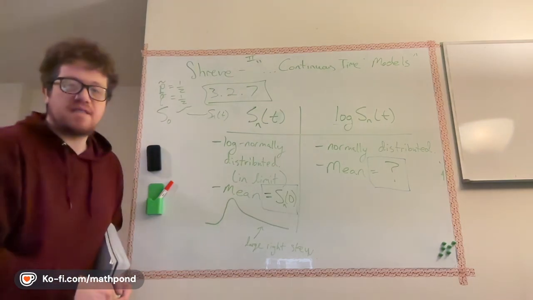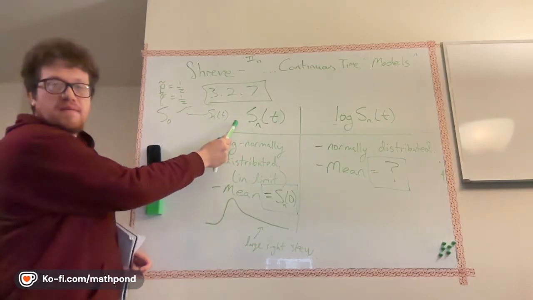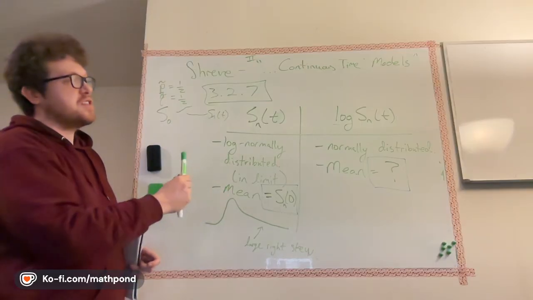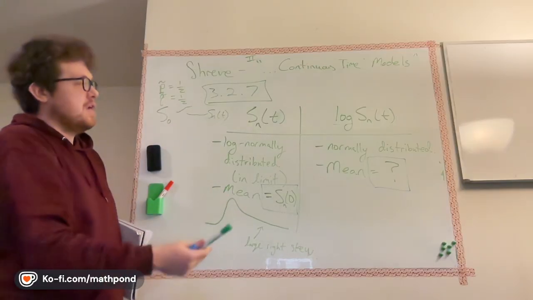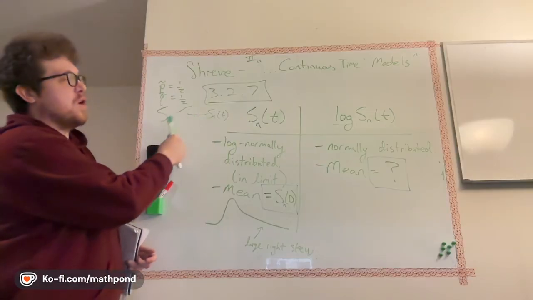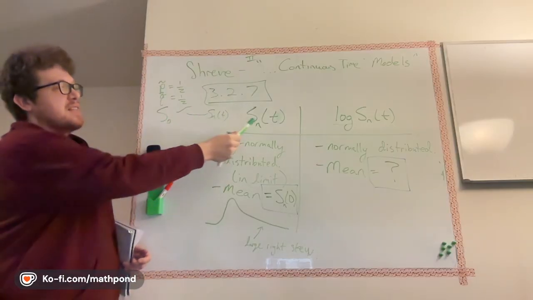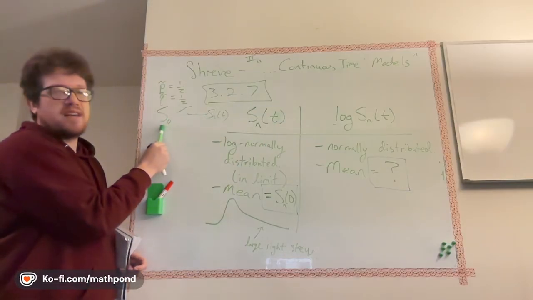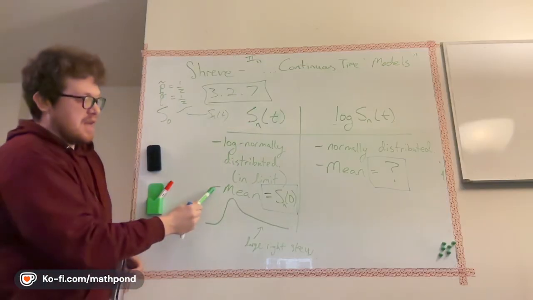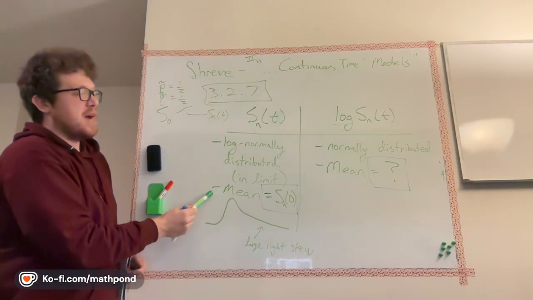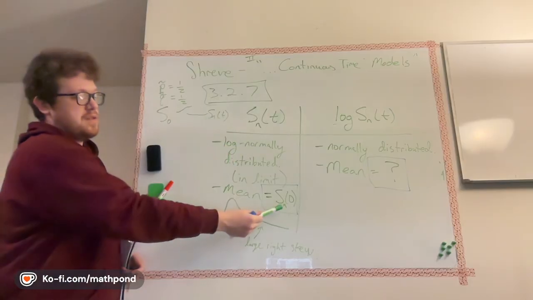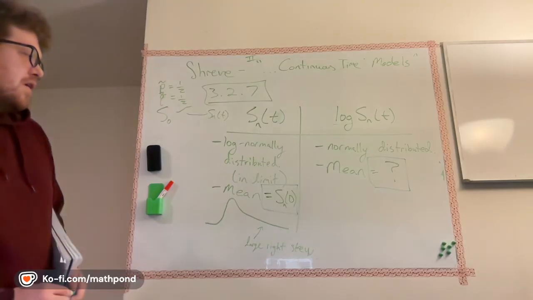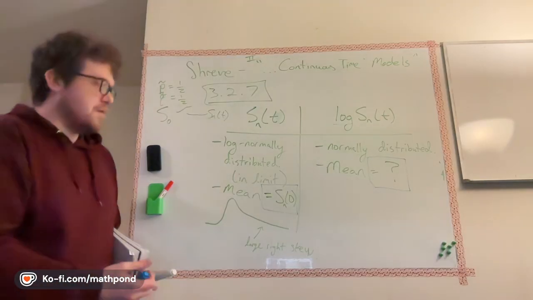So that's saying that this random variable, which represents the stock price changes in the risk neutral measure, if I want to know the expected value at time t, I just have to look at the stock value right now, and that's my best guess of what it will be at time t. In fact, the expected value at time t is just Sn of 0, the time now. But what is the mean over here?